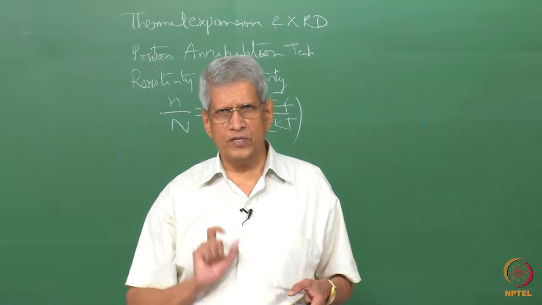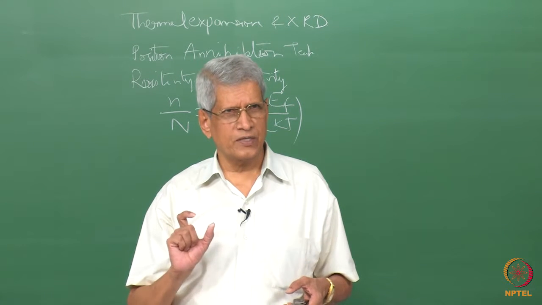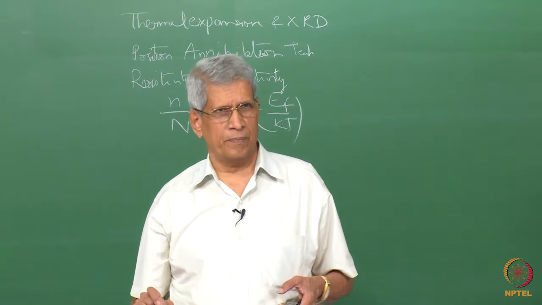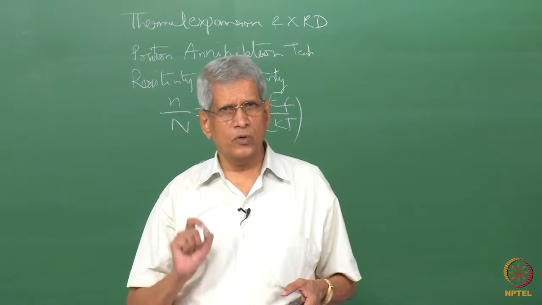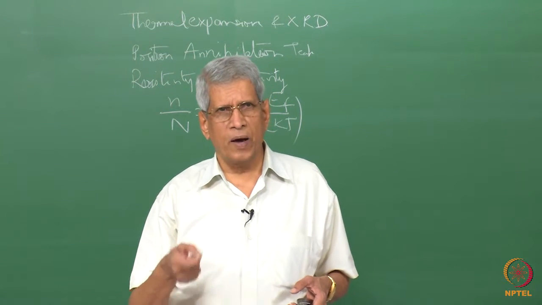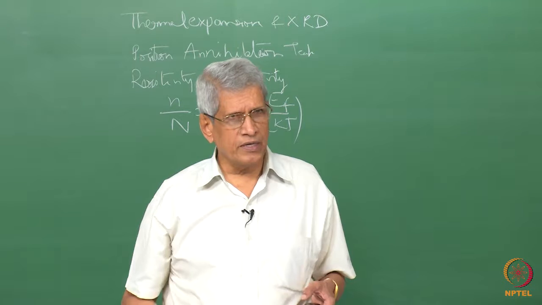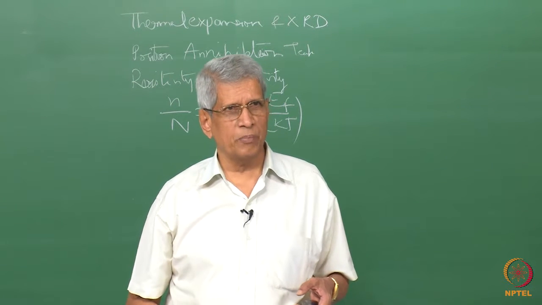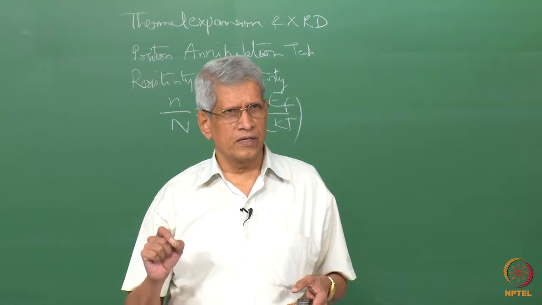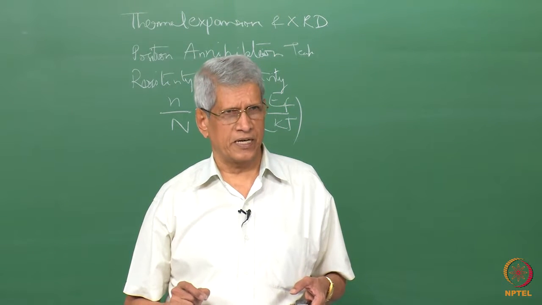The time difference between them tells the time which has been taken for the positron to get annihilated in the sample. Suppose the material contains some defects. Possibly the positron gets trapped in that defect. It has to wait for a longer period of time before an annihilation takes place with an interaction with an electron.